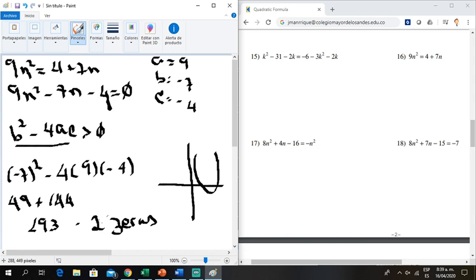These two zeros represent this intercept and this intercept. That represents two zeros that have two intercepts with the x-axis. Okay, very good, excellent.